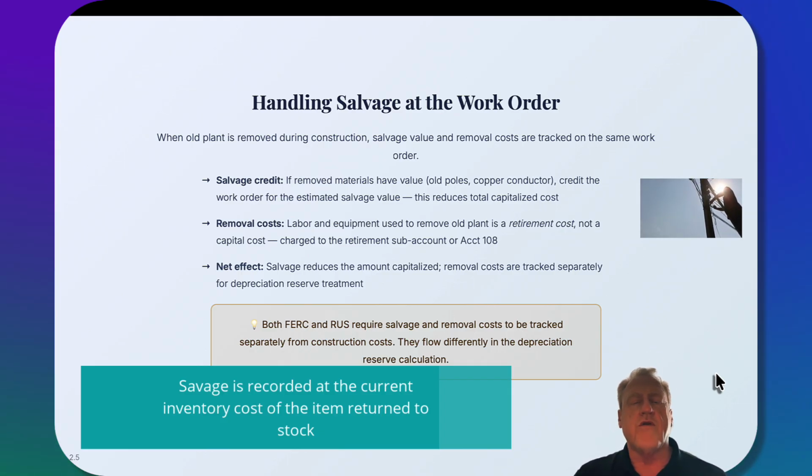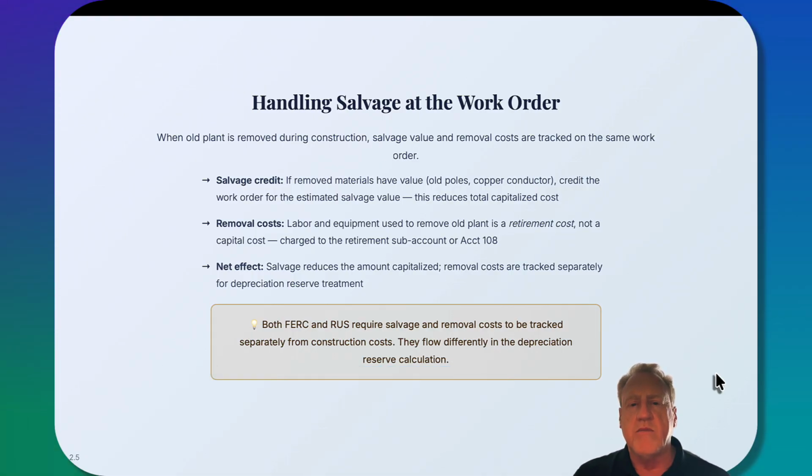There's also removal costs. So on a project, we'll be putting up new units of construction, and we'll be taking down the old. And we call that removal. So labor and equipment that is used to remove old plant and service is a retirement cost, not a new capital cost.